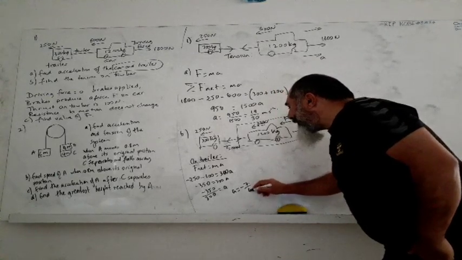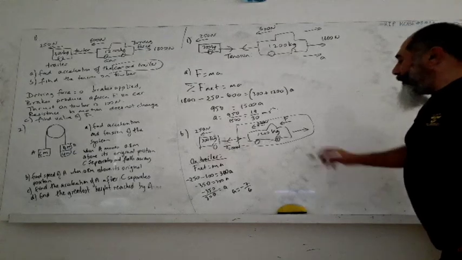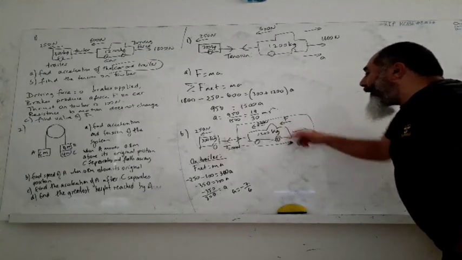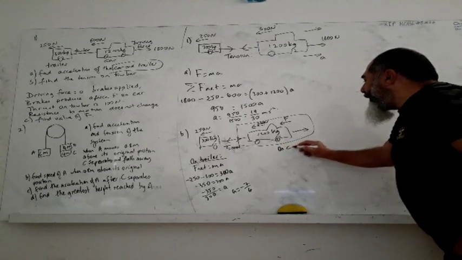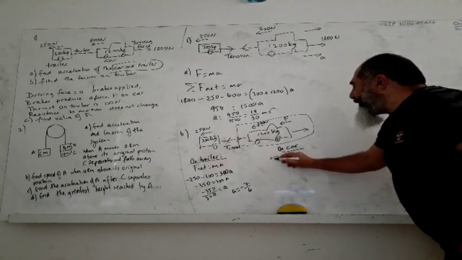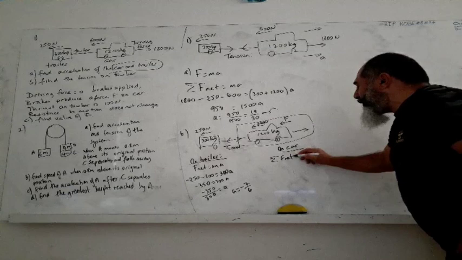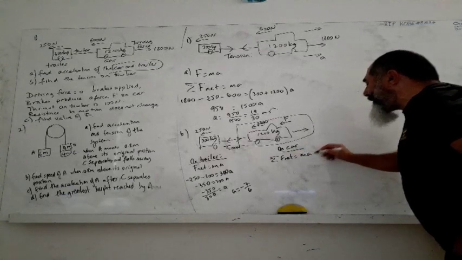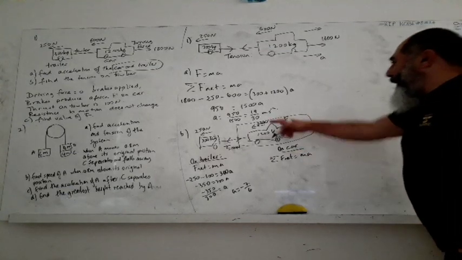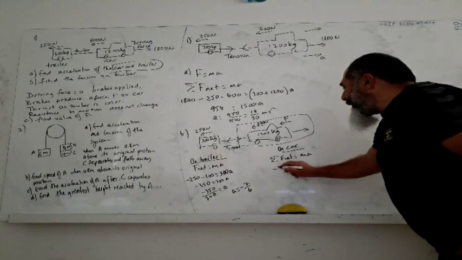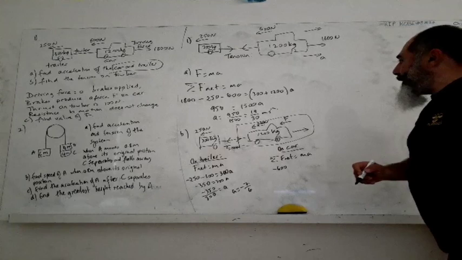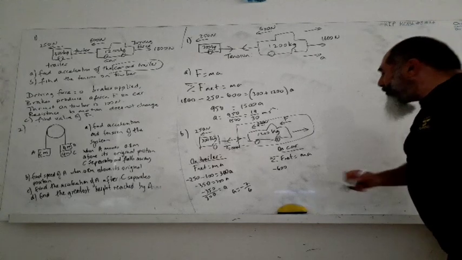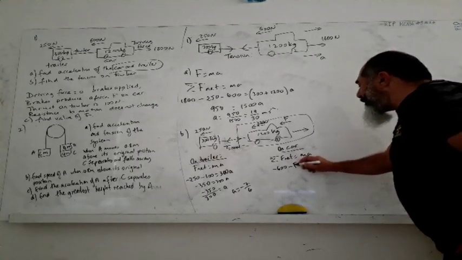Now let's work with the car. On the car, again the sum of forces must be equal to mass times acceleration. We have minus 600 acting in the opposite direction of motion. We have a new friction force produced by the brakes.